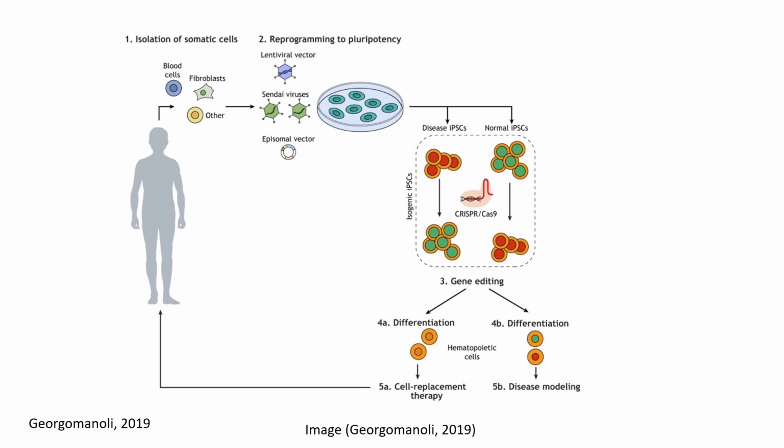There is such an issue with stem cell research due to the fact that the best stem cell that you can get is the embryonic stem cell, but there's so much issue and controversy surrounding that.